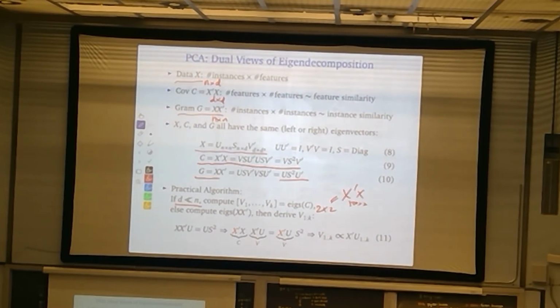It's easy to do. But what if D is large and N is small? When will that happen? In computer vision, it happens a lot. Let's say I only have 500 images, but each image is 200 by 200. So D is 200 by 200, and if you think about RGB, I have to multiply by 3 to begin with.